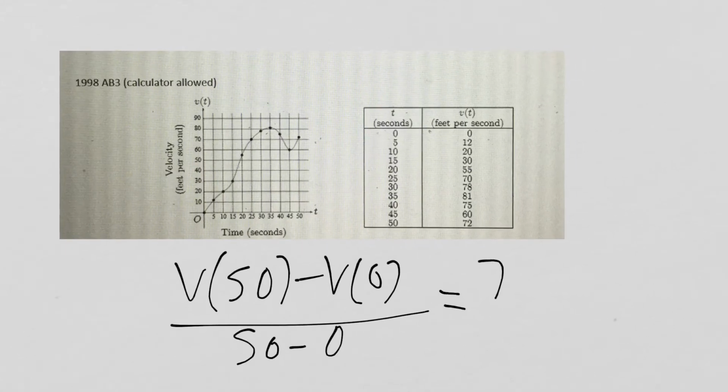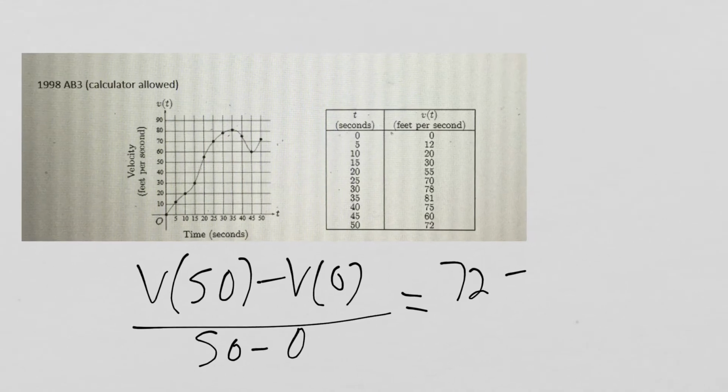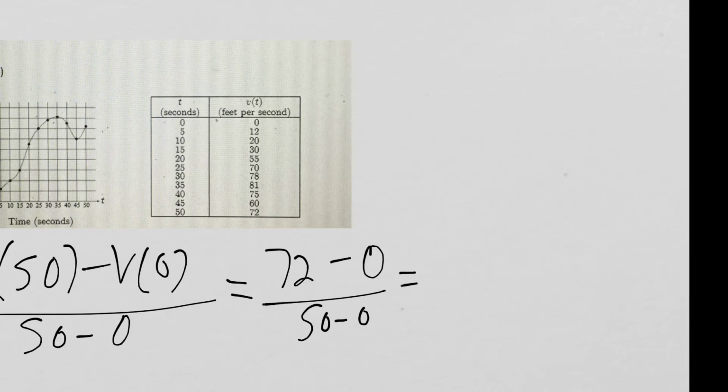Okay, v of 50 is 72. v of 0 is 0, and we can do that over 50 minus 0. So our final answer is 72 over 50, and that's going to be in feet per second squared because it's the rate of change of feet per second, the rate of change of velocity.